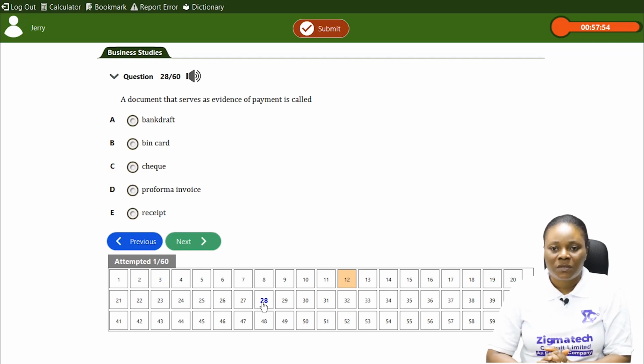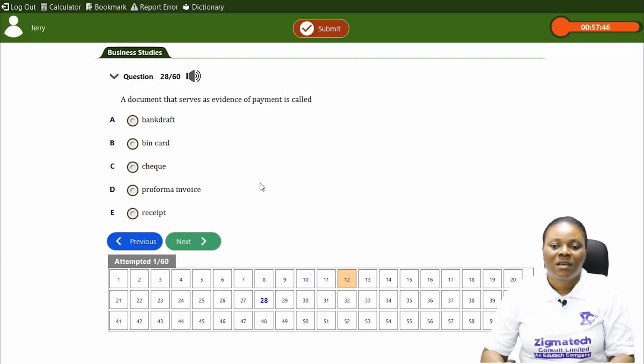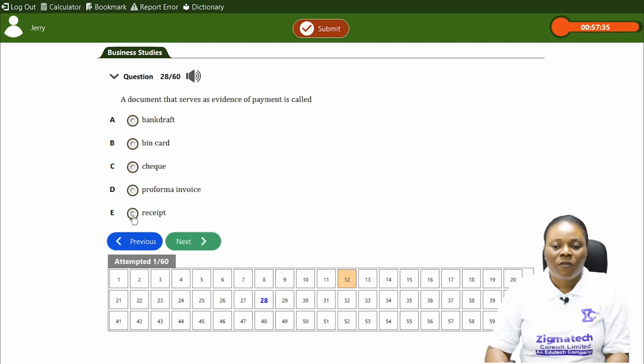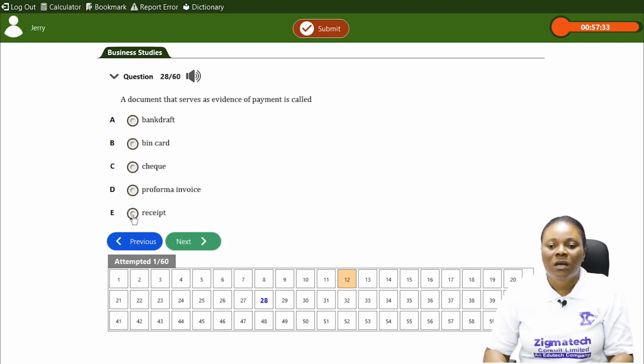E, receipt. So which of these documents serve as evidence or proof of payment? The answer is E, receipt. A receipt is a document that shows that you have paid for goods bought or for goods stated on the invoice.